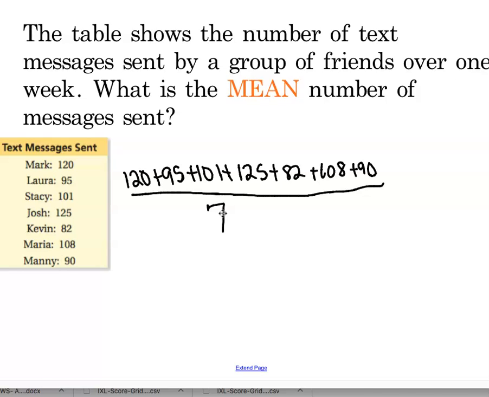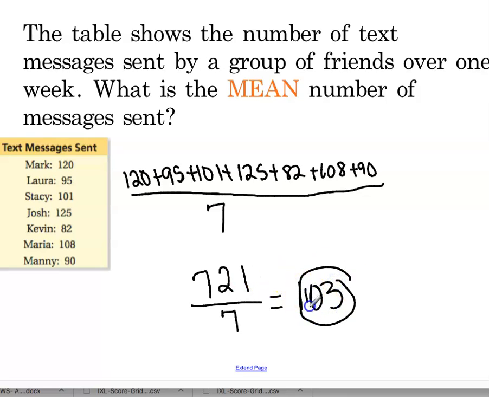So now you can use your calculator. Just add up the numbers. And you should get 721 text messages were sent over the 7 people. So then we divide 721 divided by 7 gives me a mean of 103 messages sent.